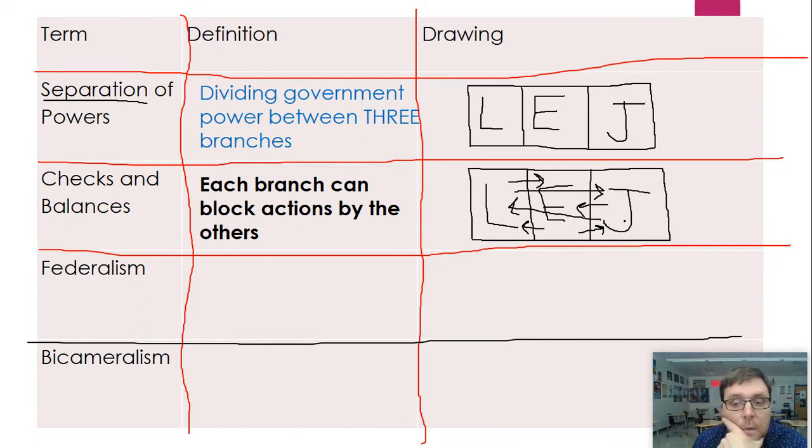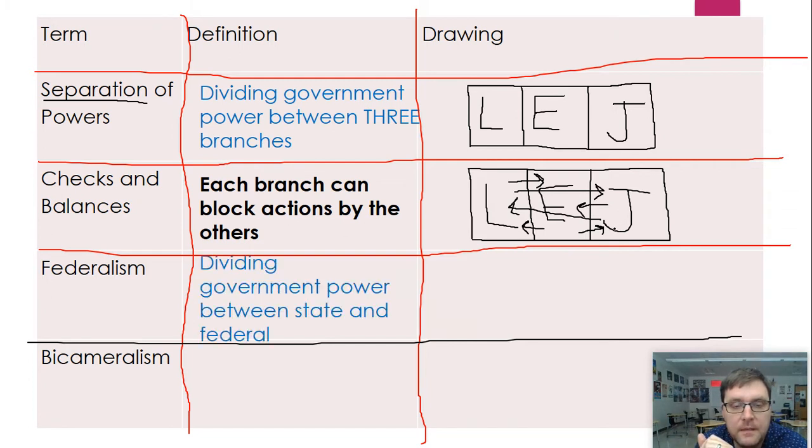Federalism. No student has known what federalism is yet. Can anybody out there tell us what federalism is? Yes, you in the front row, you said it right. Dividing government power between a state level and a federal or national level.